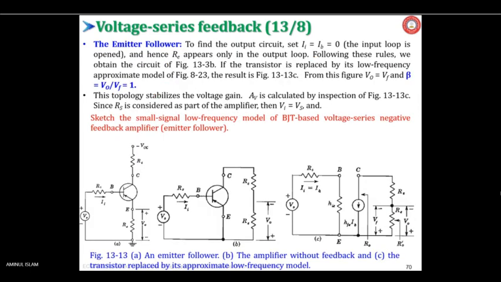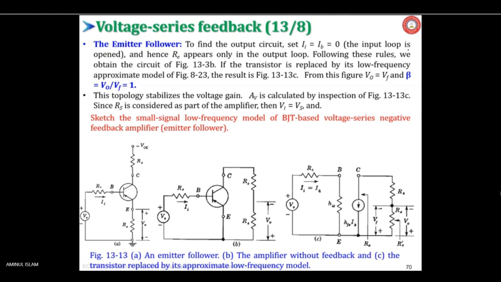To find the output circuit, that was the input circuit. Now to find the output circuit, set I_I equals to I_V equals to 0.